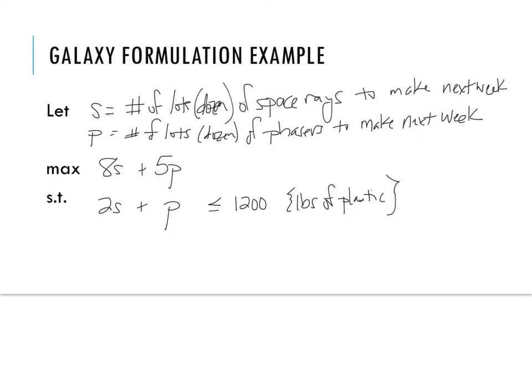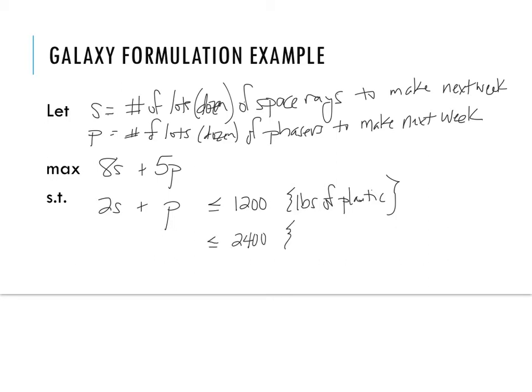And then the next thing we had was total labor. We had 40 hours, and it took 3 minutes for space rays and 4 minutes for phasers. So we have minutes versus hours, so we can either convert the minutes, 3 and 4, to an hour, which would be fractions, or we can convert the 40 hours to minutes. I prefer to do the 40 hours to minutes, so 40 times 60 gives me 2,400.